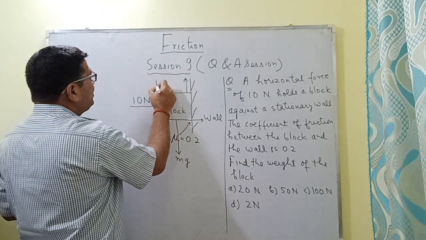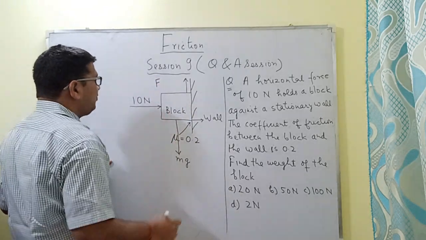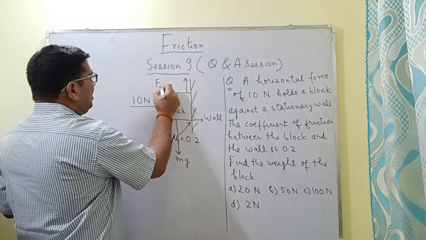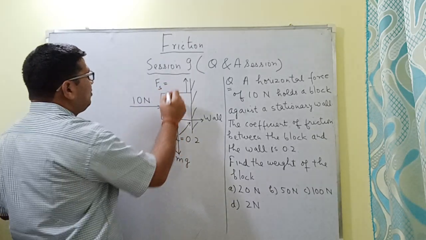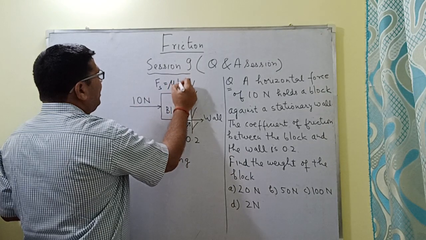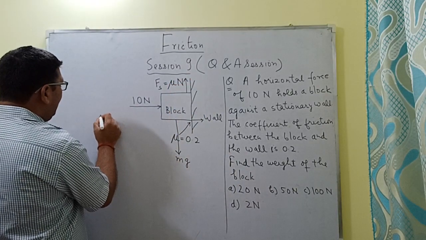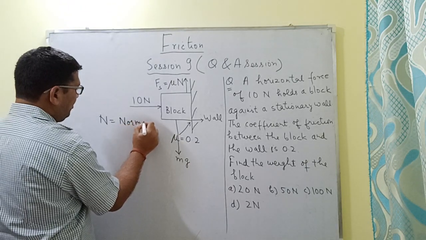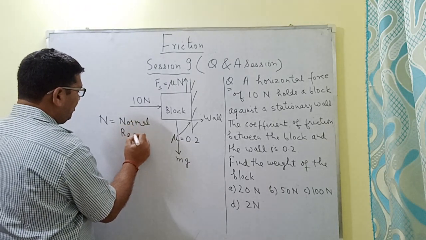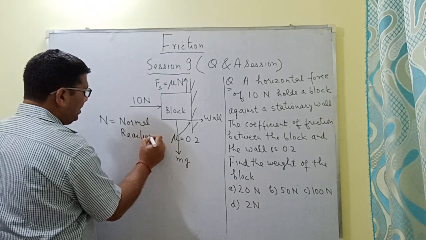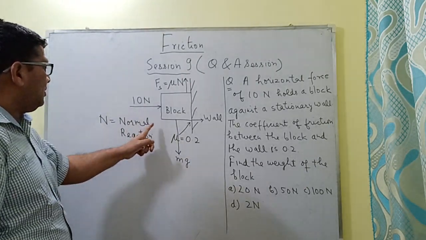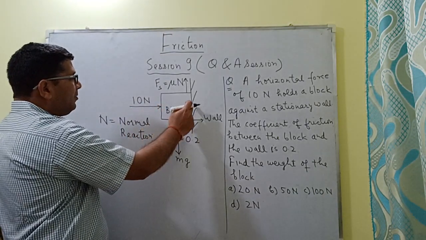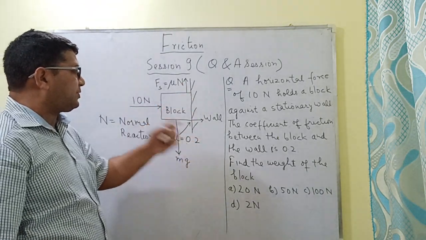If I denote this frictional force by Fs, then Fs is equal to mu into N, where N is the normal reaction. Now, we are applying a horizontal force on this block, and this block is resting against this stationary wall.